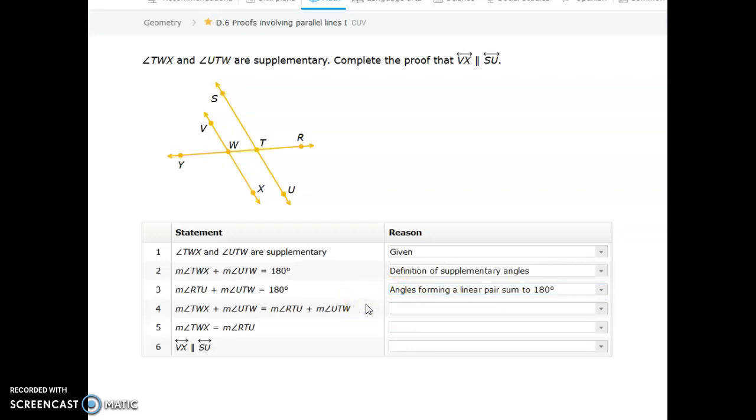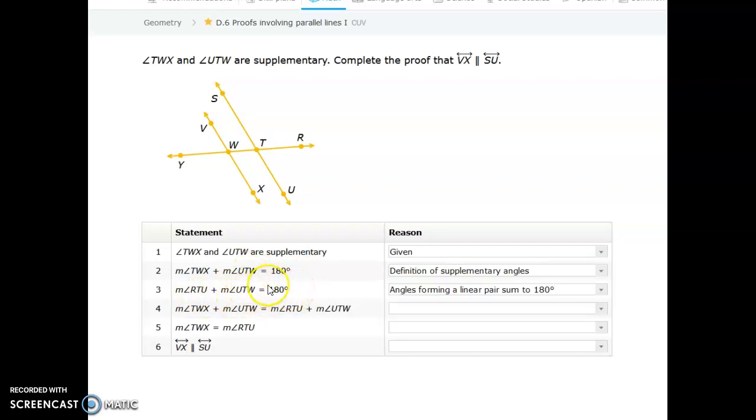Now let's look at number 4. Number 4 to me right off the bat looks like they've combined lines 2 and 3 to make line 4. So let's see if we can figure out what they've done here. On line 2, it says the measure of angle TWX plus the measure of angle UTW equals 180. And then on line 3, it says the measure of angle RUT plus the measure of angle UTW equals 180.